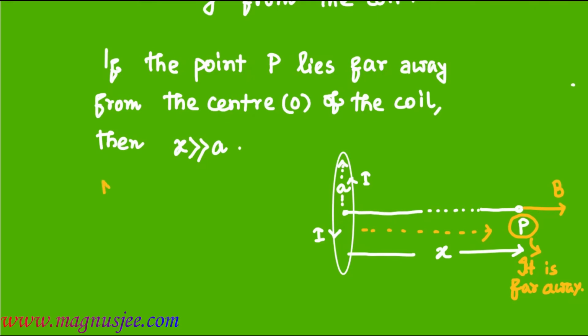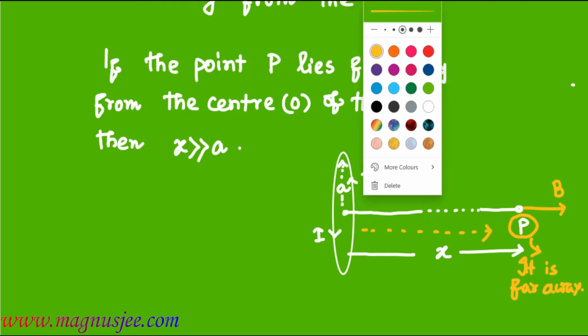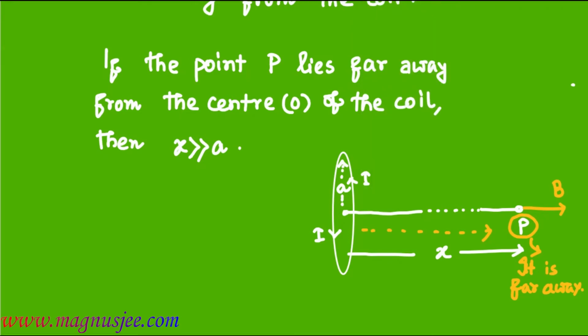Now, using x much greater than a, that means neglecting the radius of the coil a with respect to the distance x of the point P from the coil, we get the expression of magnetic field induction.